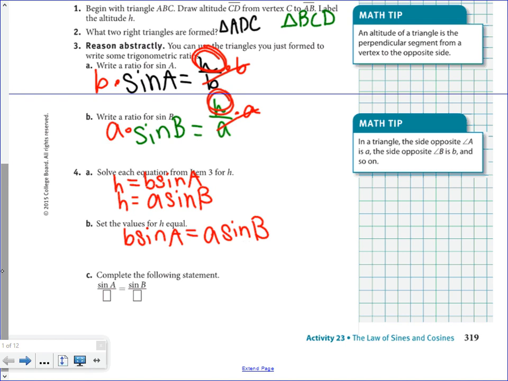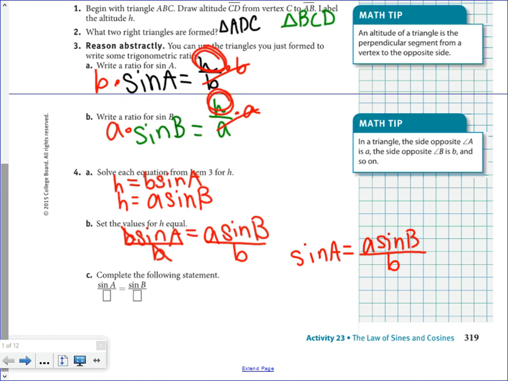What we are trying to do is get the left side of the equation to just be sine of A. There is a B next to it, so we need to divide by B. If I divide by B, I have to do that over here as well. That gives me sine of A equals A sine of B over B. And then if you look at this statement we're trying to complete, it has a sine of B in the right side.